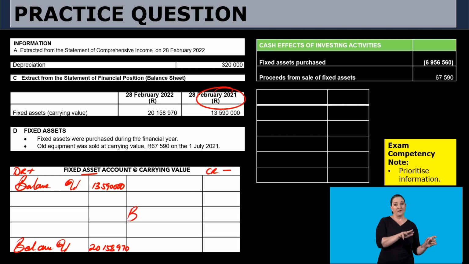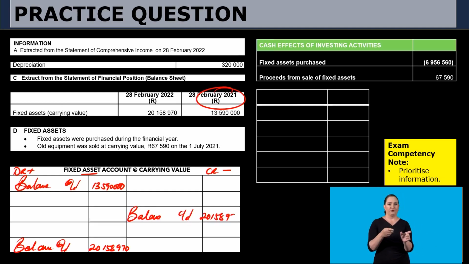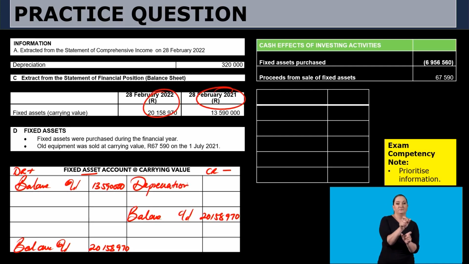So I'll come up here and it becomes my balance carried down, 20,158,970. I have recorded these amounts. The next thing I'm going to record is my depreciation, which is 320,000. I have my depreciation here, 320,000.